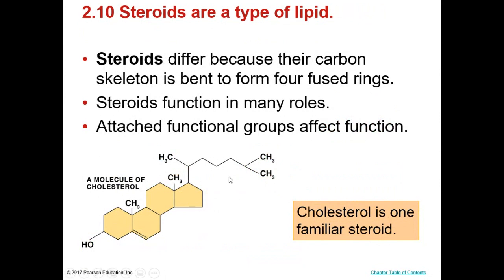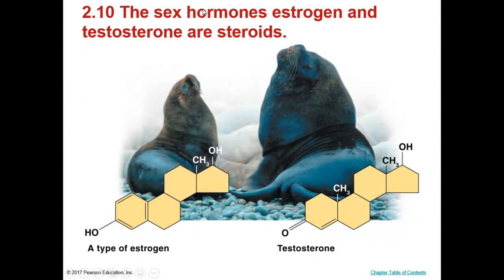Okay, so now, again, I've already talked about steroids. Steroids are made up, at their core, of cholesterol molecules, which have 4 carbon rings. Steroids are important because of their function in making sex hormones like testosterone and estrogen, right? So look at the similarities between these hormones right here.